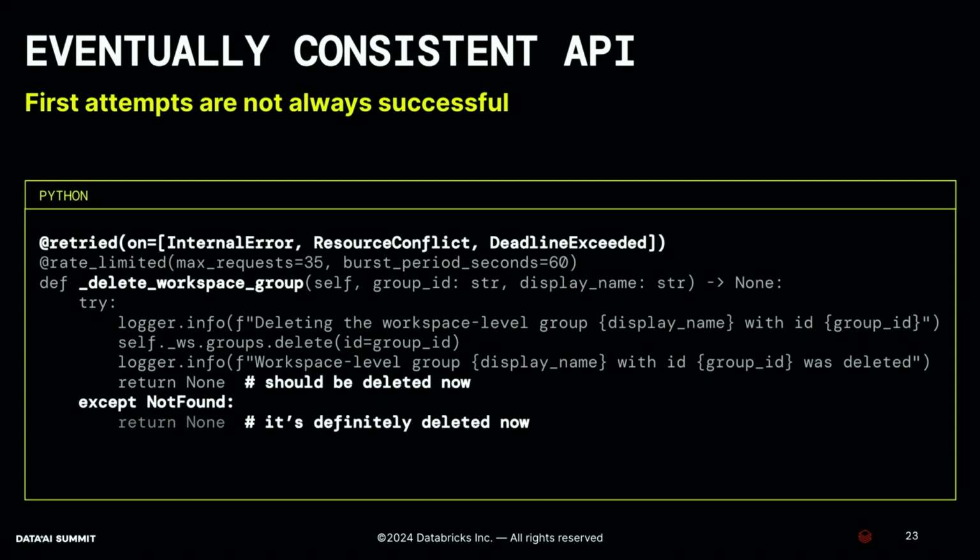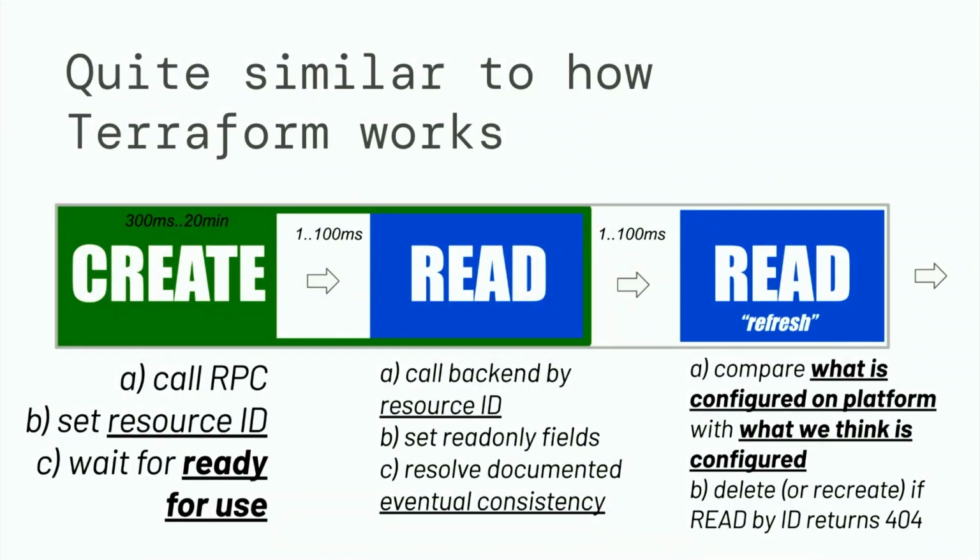This is quite similar to how Terraform works internally. Inside of Terraform, there is a pattern of behavior called create, read, read. We first create the entity, then we get back the ID of that entity, then we read that entity, and then we read that entity again.